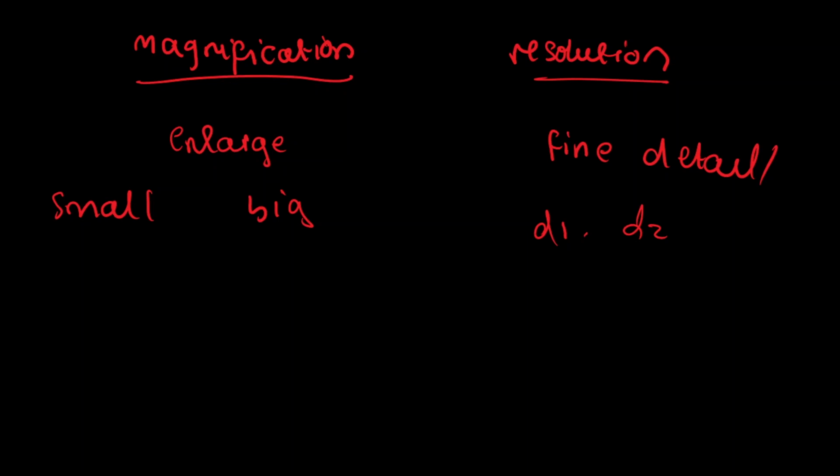Resolution has to do with the ability for us to distinctively identify detail 1 from detail 2. If in a structure we have box 1 and box 2, resolution is the ability for us to identify box 1 separately from box 2 in spite of their close proximity.